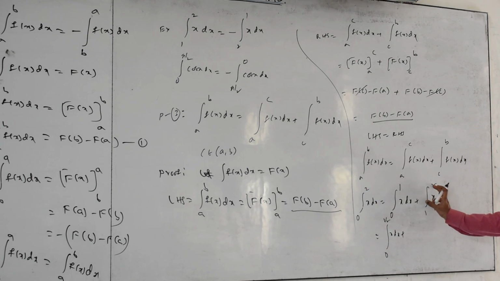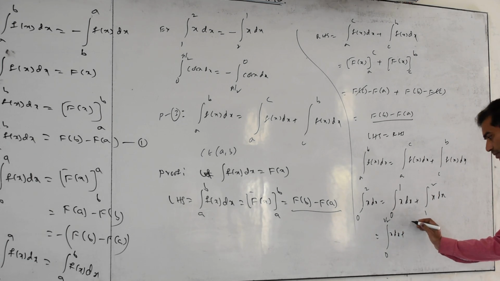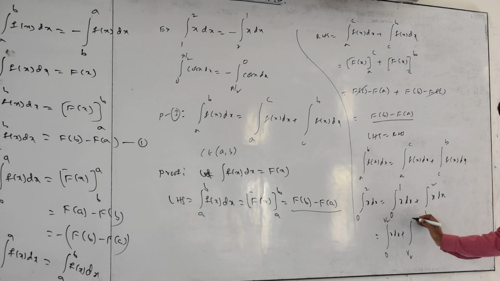I have made it separate, of length 1 unit, 1 unit. Now I am going to half unit: 0 to 1 by 2, and next 1 by 2 to 1 x dx plus 1 to 1.5, length should be equal, 3 by 2, x dx plus 3 by 2 to 2 x dx.